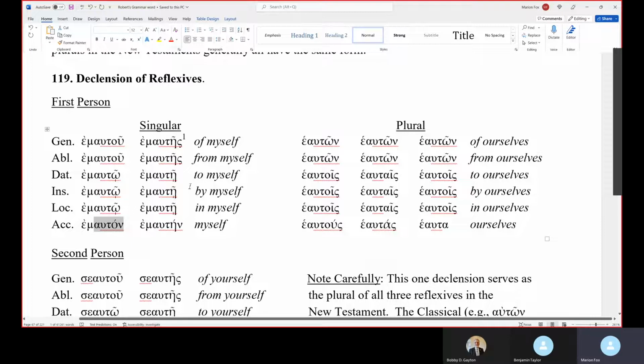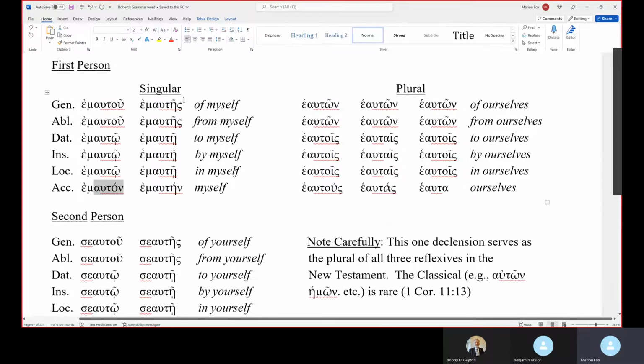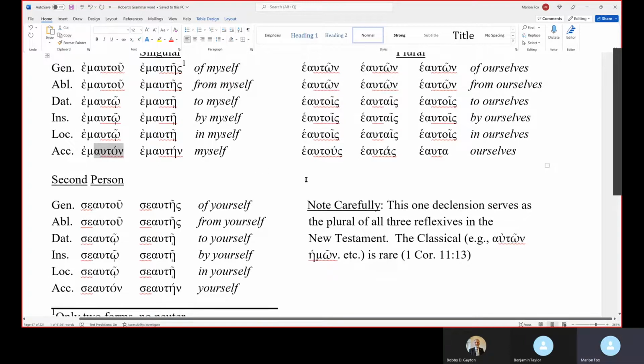How would something neuter reflect back upon itself or of itself? So we don't have a neuter form there in this case, right? We seem to have it over here, but we don't have it in the singular. The one declension serves as the plural for all three reflexives. Right?